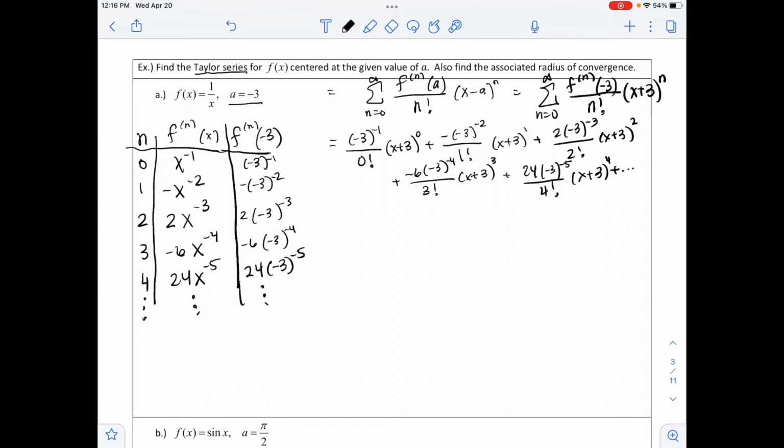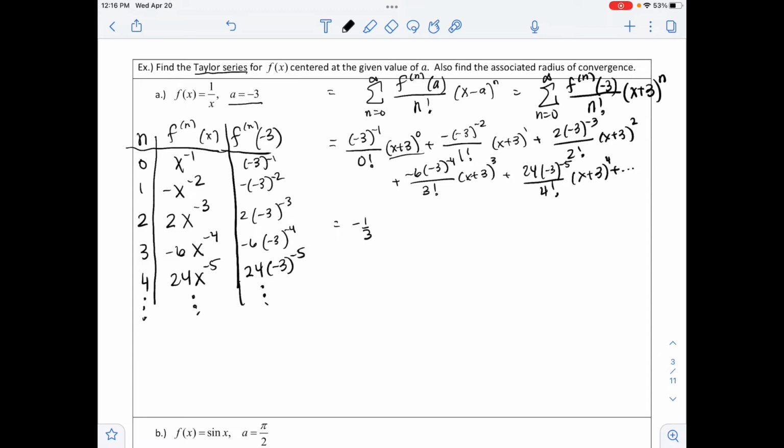And so simplifying these, the first term that we have is going to simplify to just being -1/3. And that's because x plus 3 to the 0 would just be 1, and 0 factorial is also 1. And so -3 to the negative first is going to be 1 over -3, or -1/3.